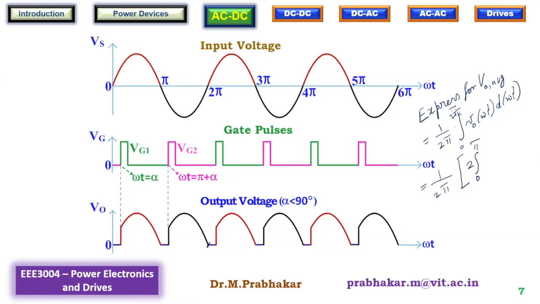And whatever you get from 0 to alpha, it will be 0, and then alpha to pi V0 of omega t d of omega t. Now you will find that these two get cancelled. 1 by pi integral alpha to pi Vm sin omega t d of omega t.